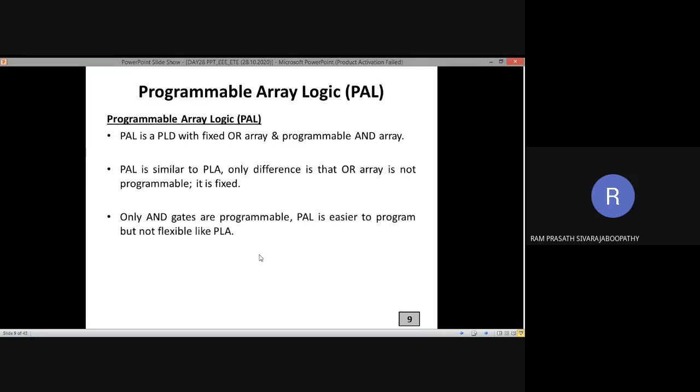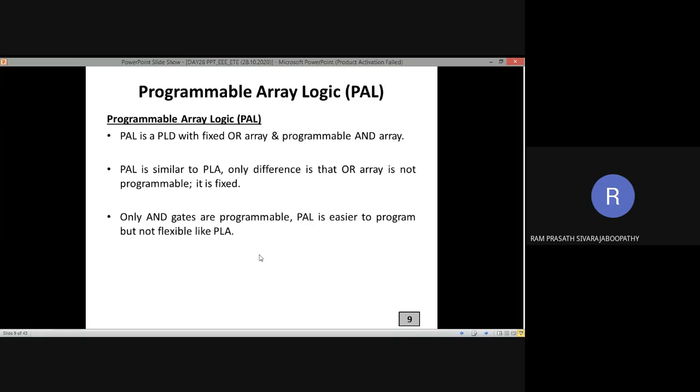Okay. In the case of PROM, we have to choose the size of PROM for the given problem. Okay. So like that, in PAL also, we have to look at the number of OR gates. As we said, the OR array is fixed. The number of inputs to the OR gate is fixed here.